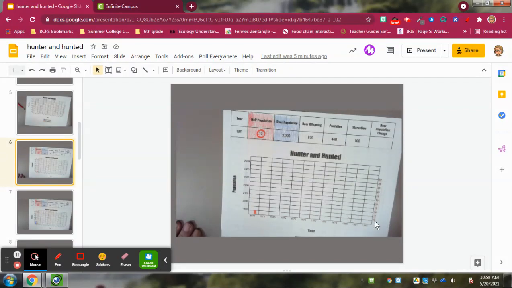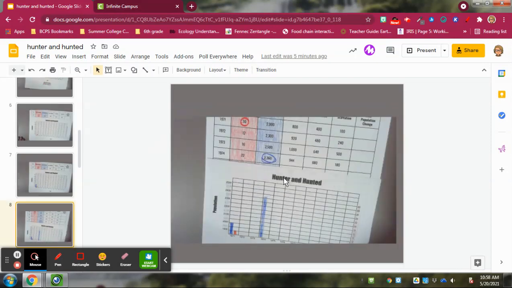So I have to go over here to where the wolf numbers are. I'm going to go all the way across, and I'm going to make one little tiny bar here, and color it in. This represents 10 wolves in the year 1971. Now I need to do the exact same thing for the deer population.